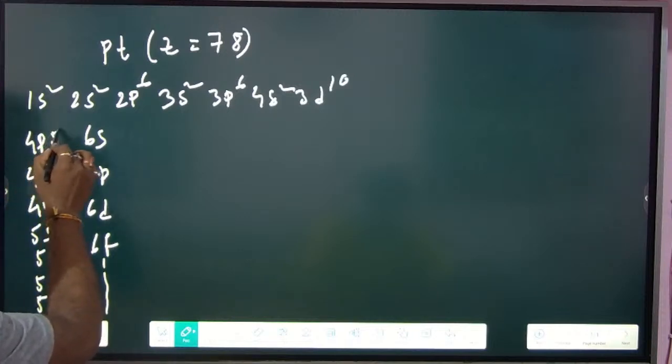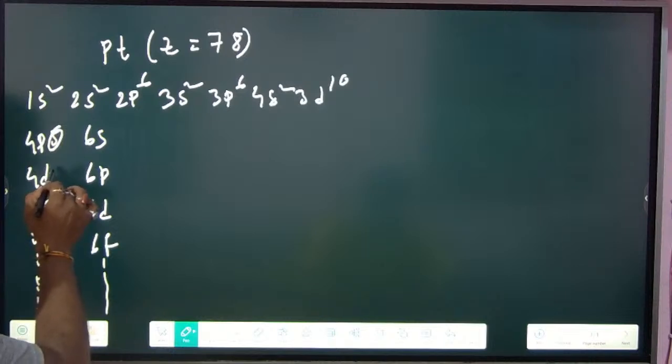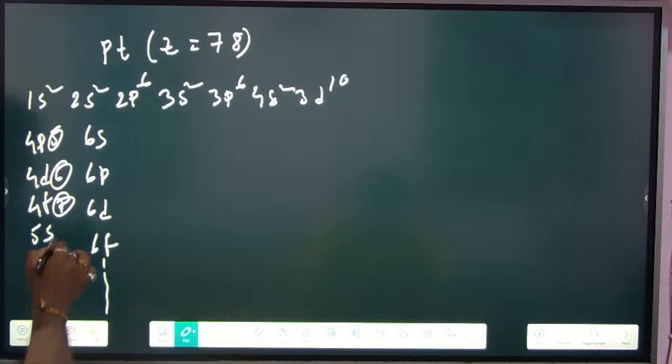So this is the energy level 5, then 6, then 7.